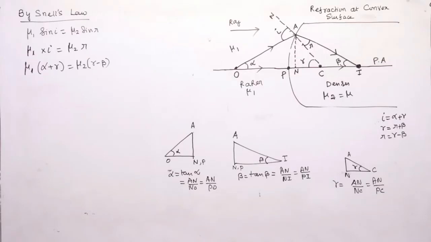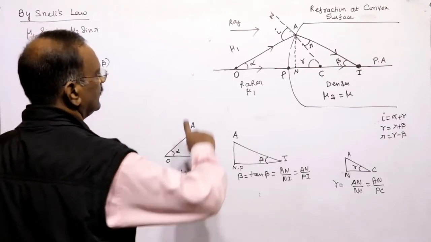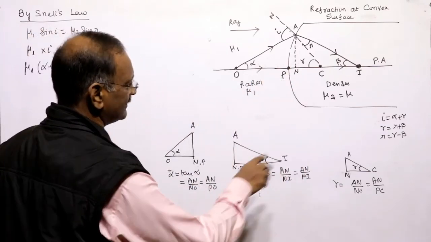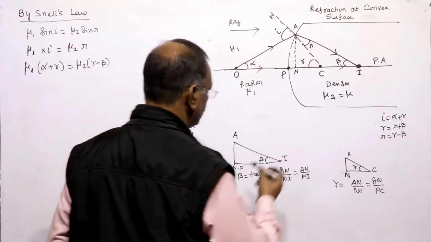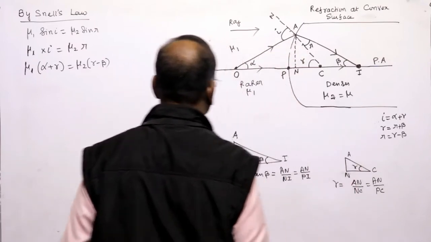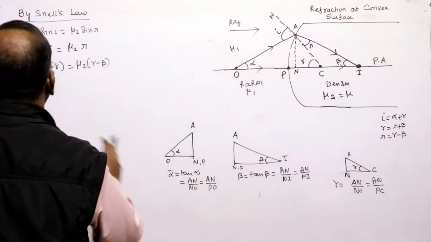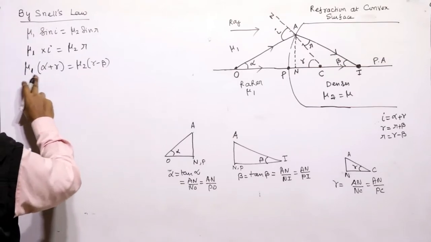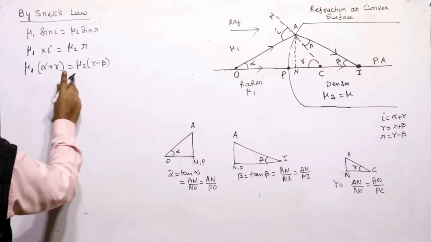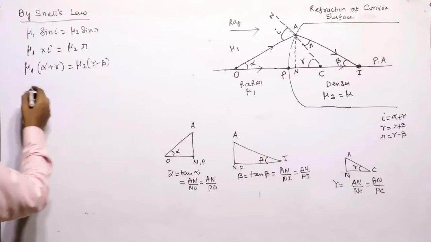Therefore, rewriting all this, mu1 into alpha plus gamma is equal to mu2 into gamma minus beta.